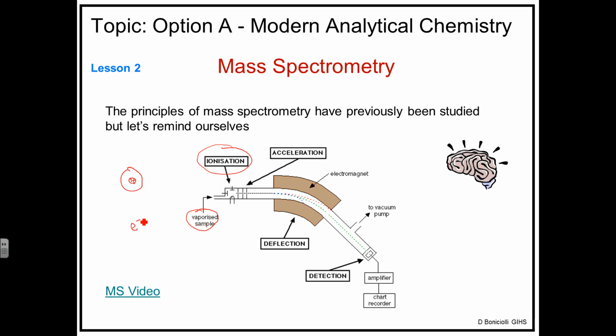So there are electrons moving through this region here, being emitted off this hot coil and being attracted towards the positive plate on the other side of the mass spectrometer. And as they collide with atoms, they can knock electrons from the atom out of the atom. They can continue on towards the plate, but the net effect is the atom now has lost an electron.